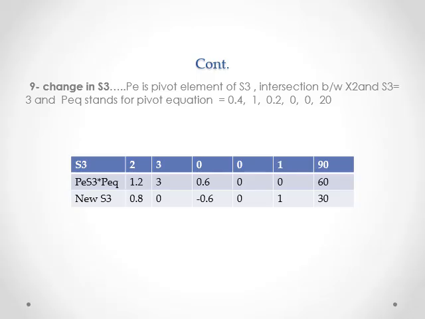This is the result of multiplication: 1.2, 3, 0.6, 0, 0, 60, and new S3 is 2 minus 1.2 is 0.8, 3 minus 3 is 0, 0 minus 0.6 is negative 0.6, 0 minus 0 is 0, 1 minus 0 is 1, 90 minus 60 is 30.